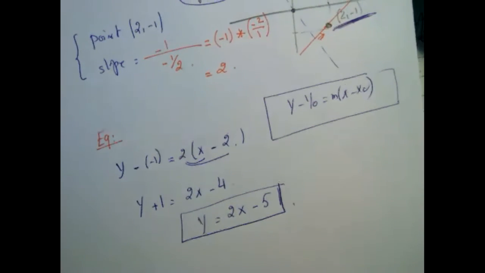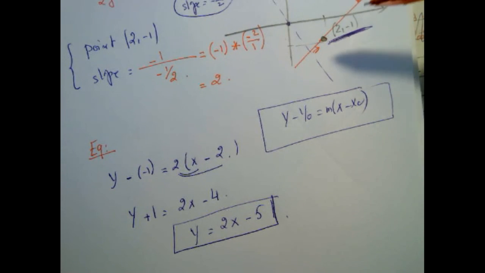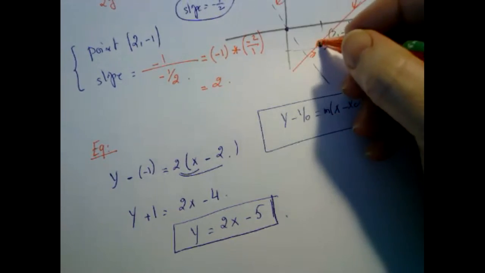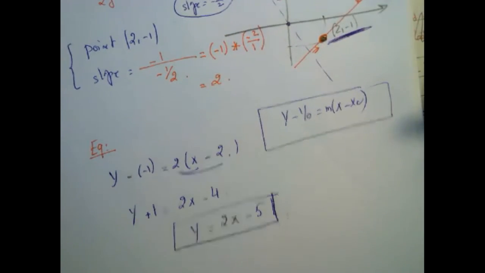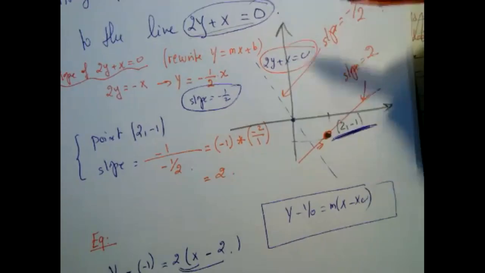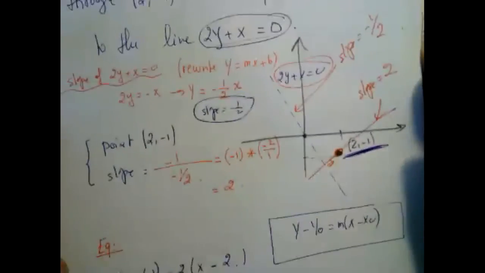All right, so whenever I need the equation of a line, as I said, we need the slope and we need a point. They gave me the point, but they did not give me the slope. The only thing they told me is that it's perpendicular to this line. So we went after the slope of the line 2y plus x.